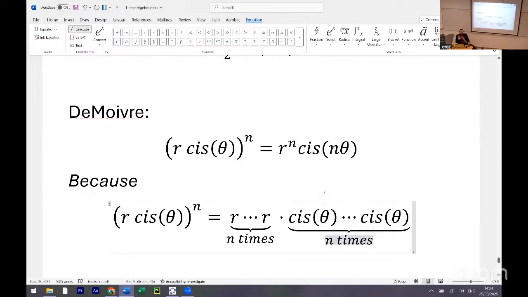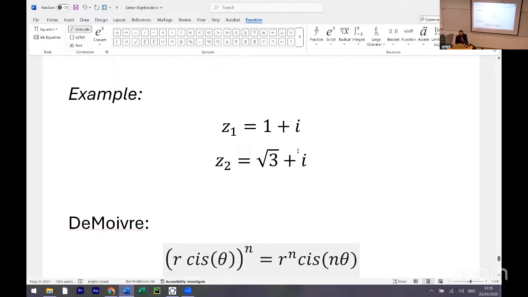I'll give you a minute to sort out your notebooks, and then I'll go back to the example. Okay, so let's go back to the example.